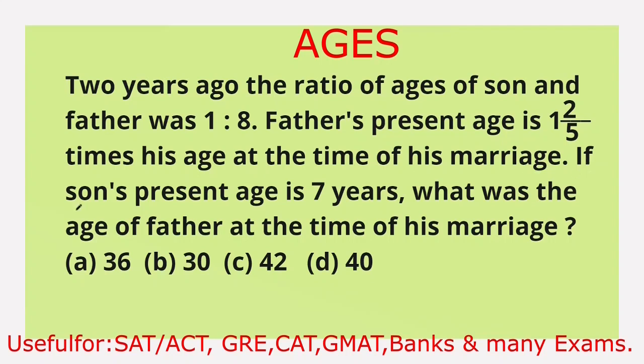If son's present age is 7 years, what was the age of father at the time of his marriage? The given options are option A 36, option B 30, option C 42, option D 40.